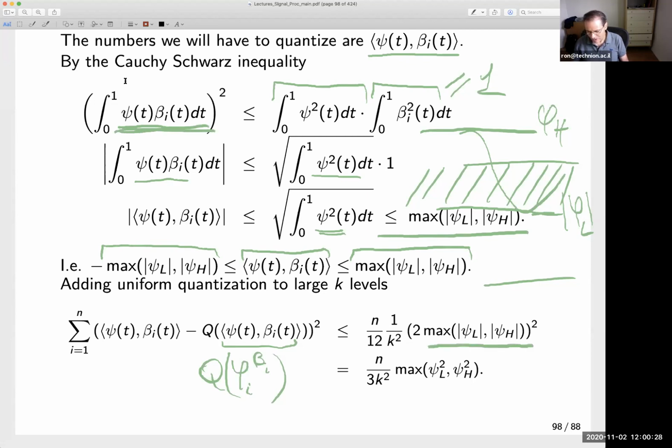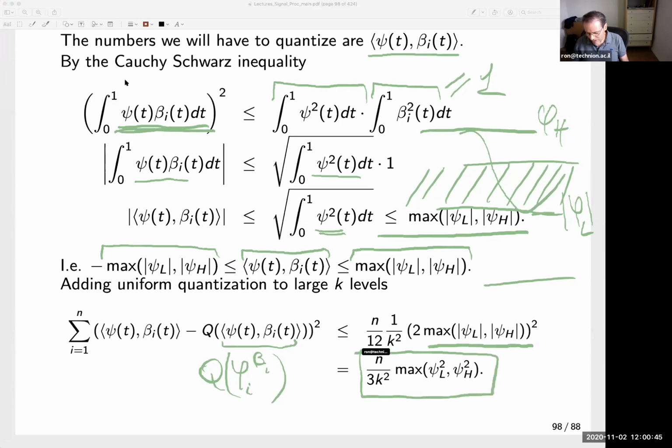I can use the Cauchy-Schwarz inequality to come up with the final solution that would read as follows. So it would look like that.